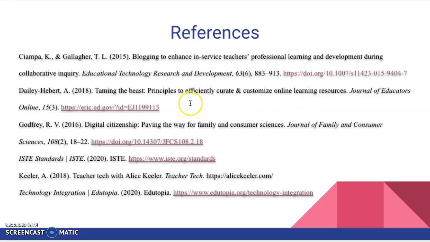We talked about principles to efficiently use online resources, making sure that we have some sort of place that we can put all of this great information. I have Godfrey on digital citizenship, making sure that our students are good citizens of digital technology, and then these EDUC standards, which are absolutely fabulous. I added Alice Keeler's website for her blog.